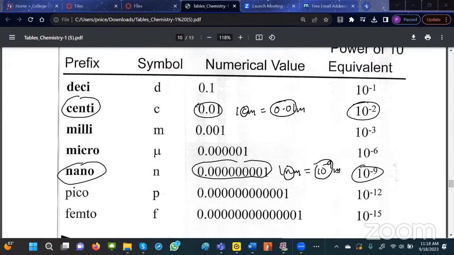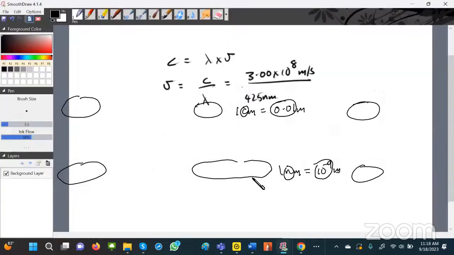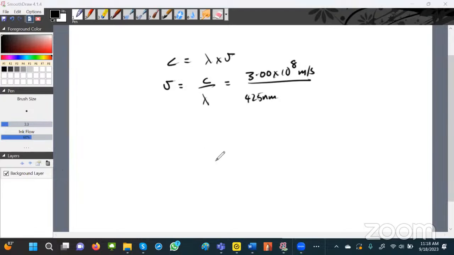Now, the reason I mentioned that is because the nanometer unit here cannot directly cancel out the meter unit, right?